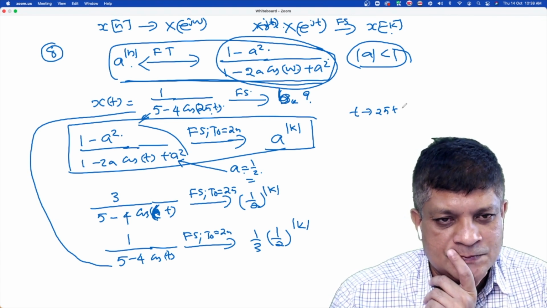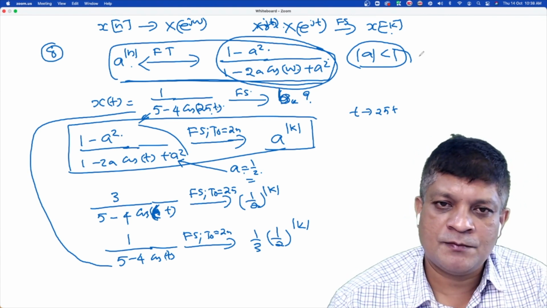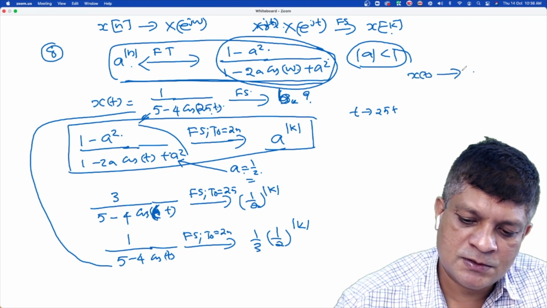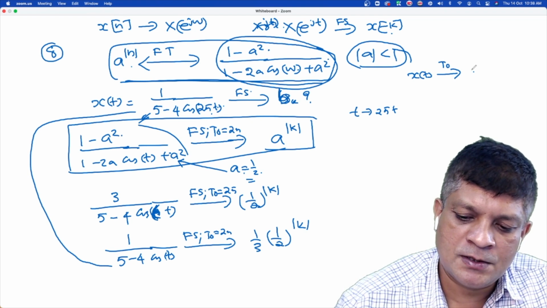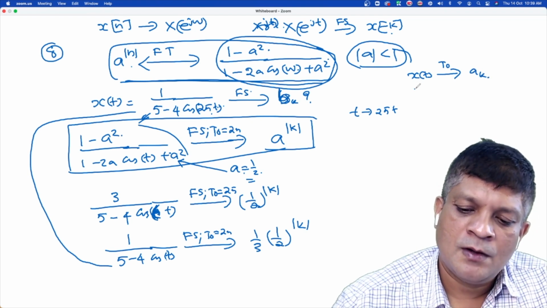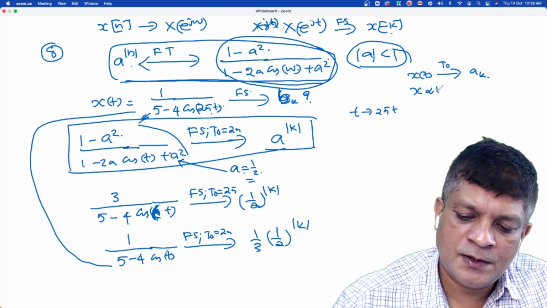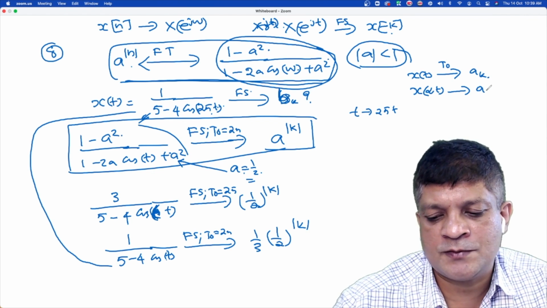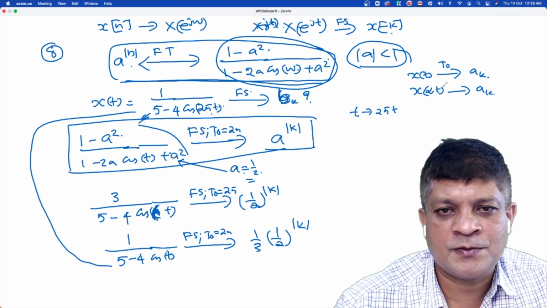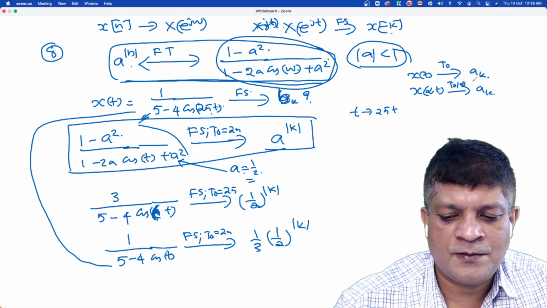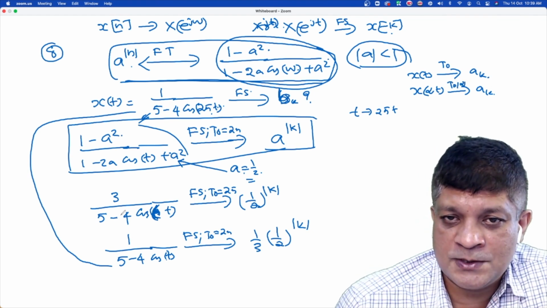The same. So there is a property, if you remember: if x(t) has Fourier series coefficients a_k with respect to some period T naught, and if you are scaling that to x of alpha t, then the Fourier series is with respect to period T naught by alpha, and the coefficients will be the same.